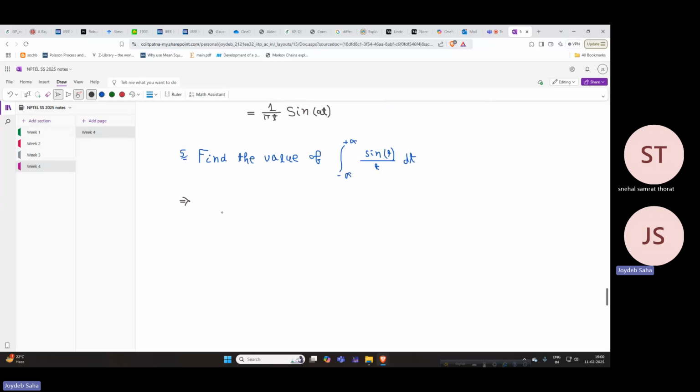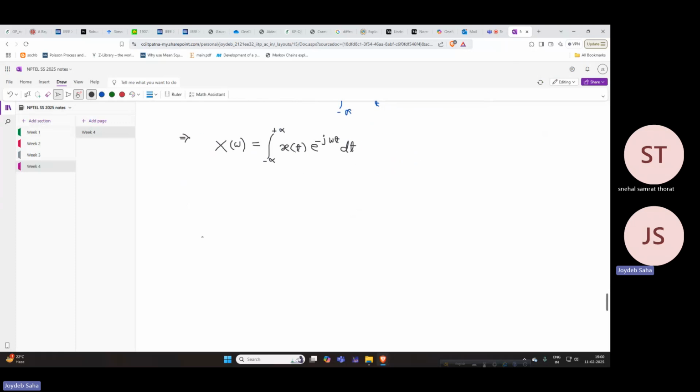What we know, first thing, the basic definition of Fourier transform: capital X omega is equal to the integral from minus infinity to plus infinity of xt e to the power minus j omega t dt, right?